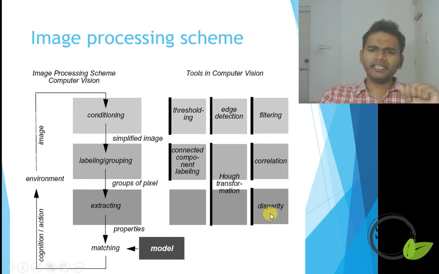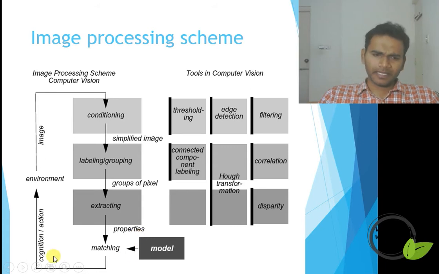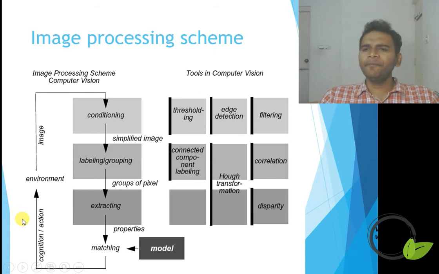And if there is any disparity, it will try to match with the model. If there is any disparity that occurs, it will again apply a cognitive action on the environment. The cognitive action in case of minting could be reorienting an object and checking the possible matchings.